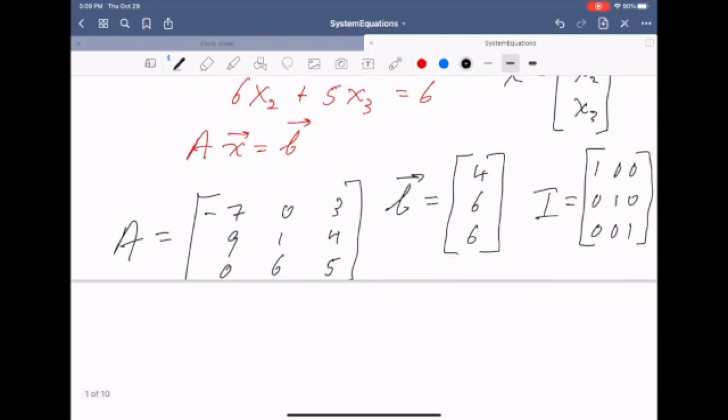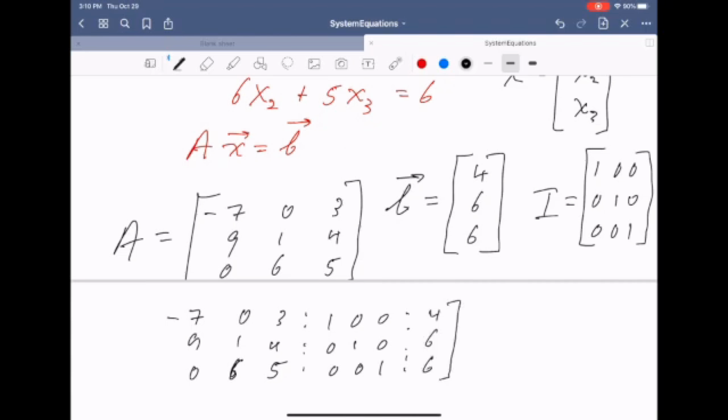Right, so what we're going to do is write this as an augmented matrix. So we're going to begin with minus 7, 9, 0, 0, 1, 6, 3, 4, 5. We're going to augment that with the identity matrix, and with matrix B, so 4, 6, 6.